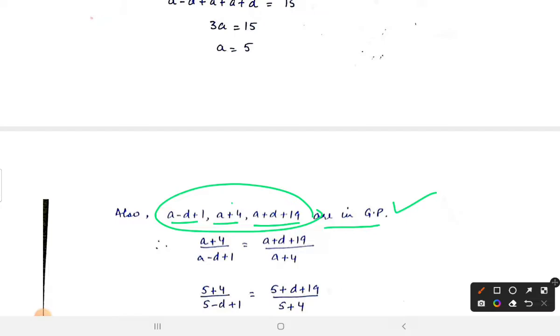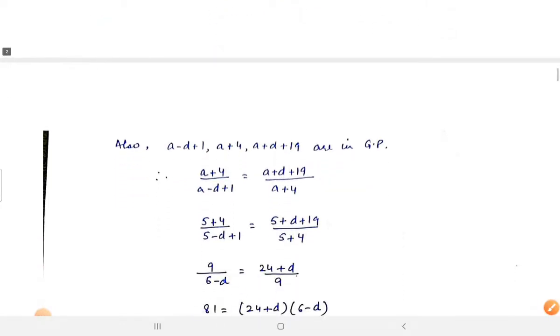Means A plus 4 divided by A minus D plus 1 is equal to A plus D plus 19 divided by A plus 4. Whether you divide this by this or this by this, you will get the same common ratio if they are in GP. So this is the relation. Now put the value of A as 5.